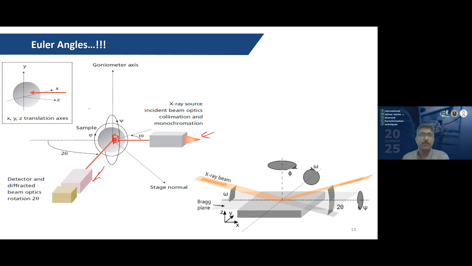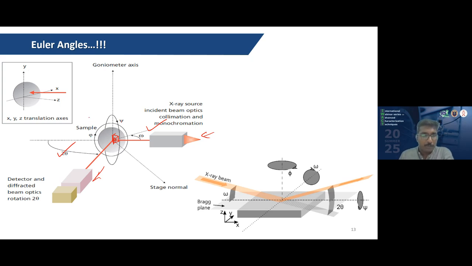In this case, theta is defined as the theta or omega. There is a difference between theta and omega that we will discuss in the later sessions. Theta or omega is defined as the angle between the sample and the X-ray source. 2 theta we have discussed. It is the angle between the incident beam and the diffracted beam.